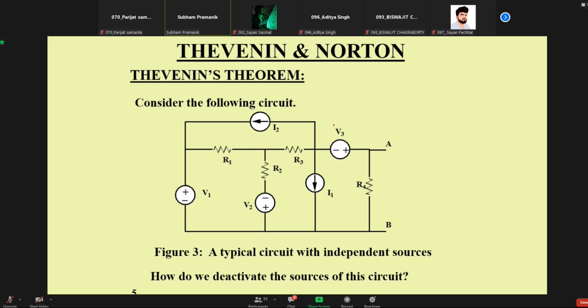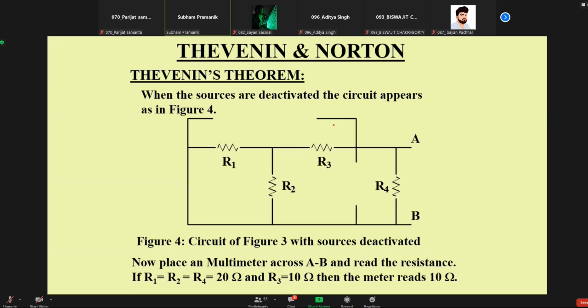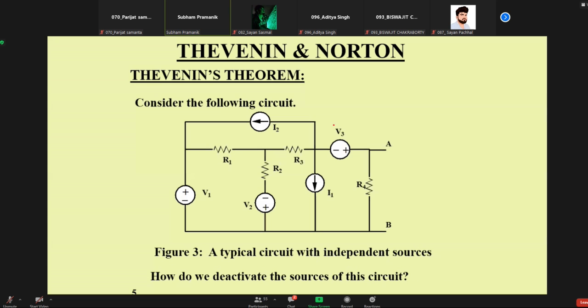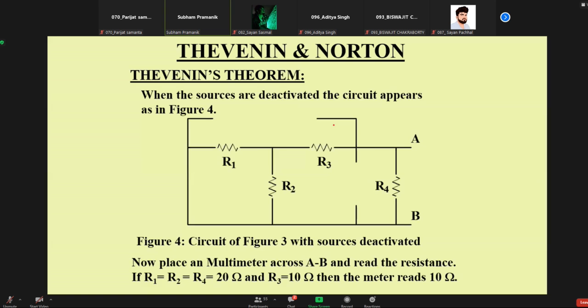In the next slide, the deactivation has been shown. Suppose there are voltage sources V1, V2, V3 and current sources I1, I2. If you deactivate them, voltage sources have been replaced by short circuits, and current sources have been replaced by open circuits. Right?